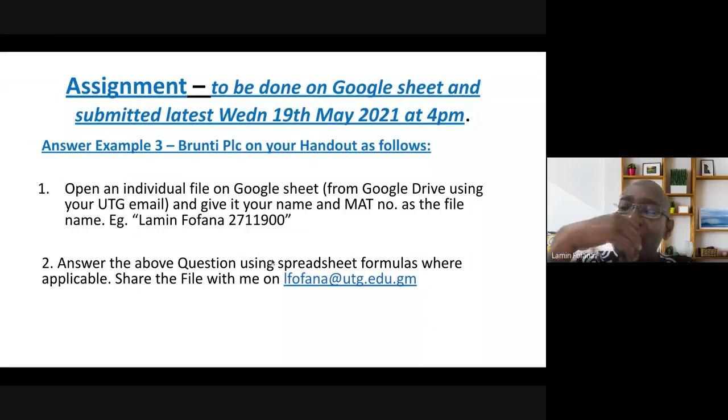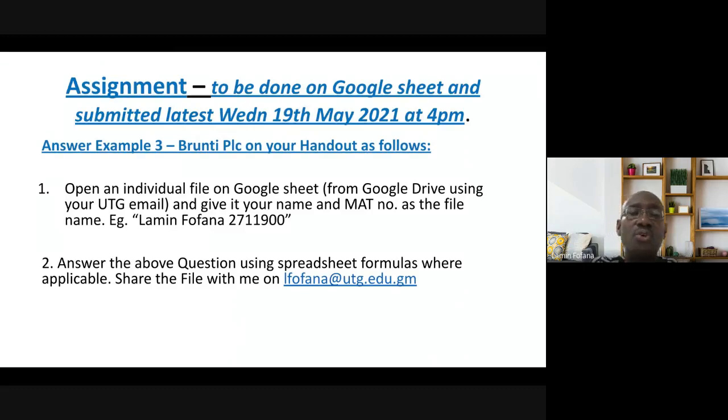Okay, so your assignment, right? This time around, you're not going to do it in the group one. You're going to do it individually. So you're going to open an individual file on your Google Sheet. We've gone through how to do that, so make sure you know how to do that. You can open your file from the Google Drive using your UTG email, or if you don't have a UTG email, you can use your private Gmail.